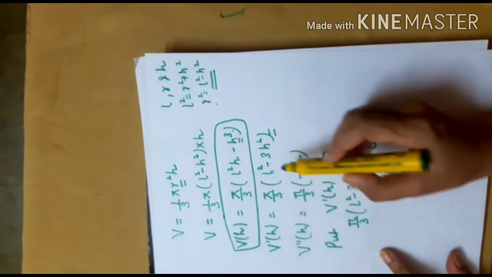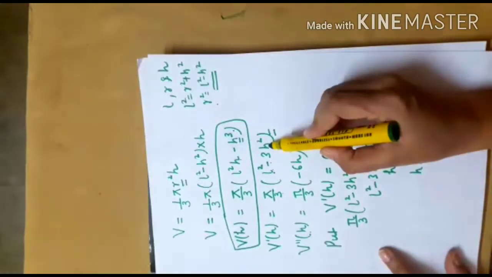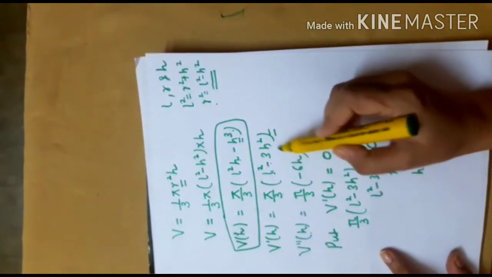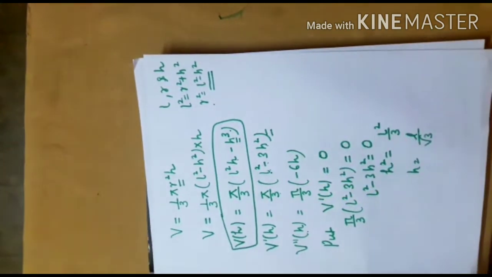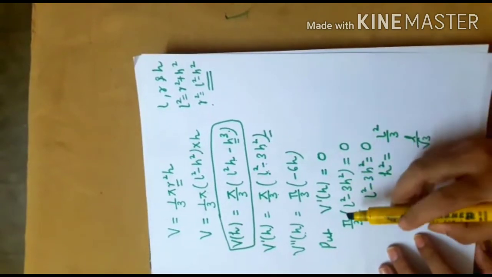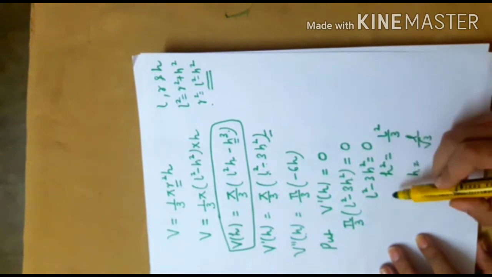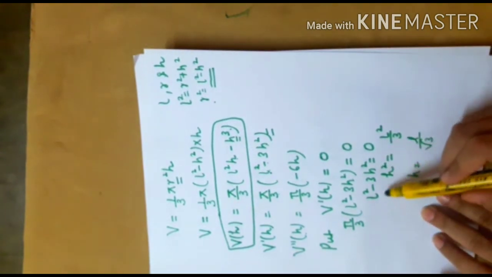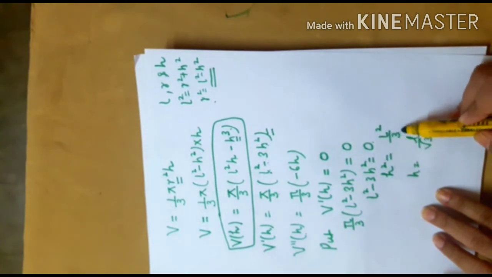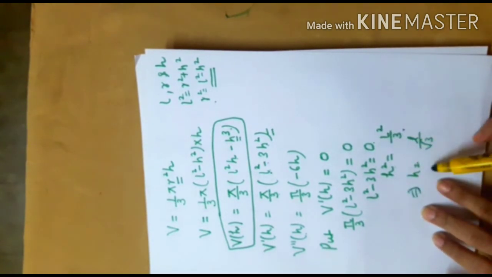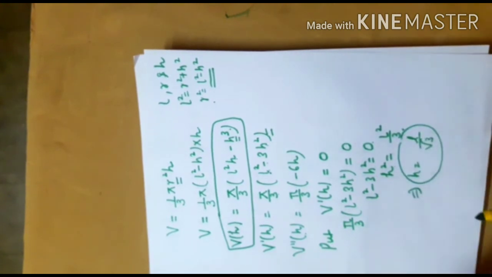It is pi by 3, L square is constant so its derivative is 0, and the derivative of h square is 2h, so I'll get pi by 3 into minus 6h. Setting pi by 3 into (L square minus 3h square) to 0, I get L square minus 3h square is 0, that is h square is L square over 3. This implies h will be equal to L over root 3. So this is the critical point.